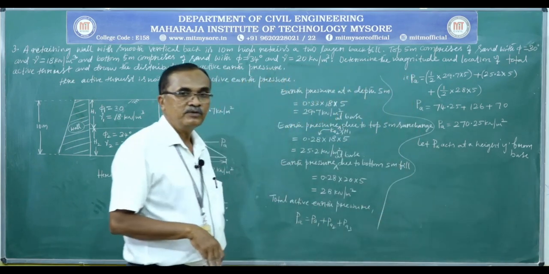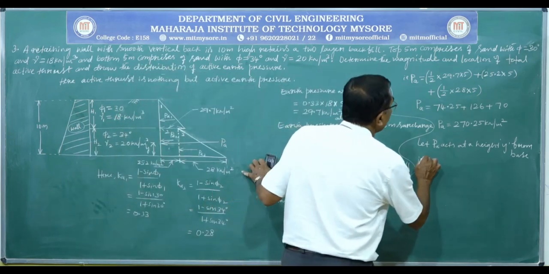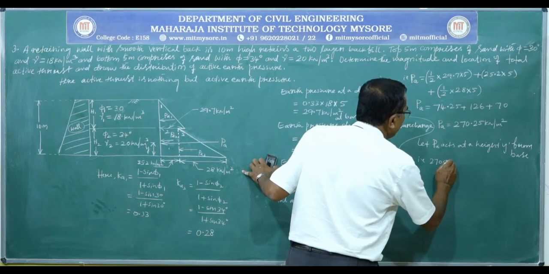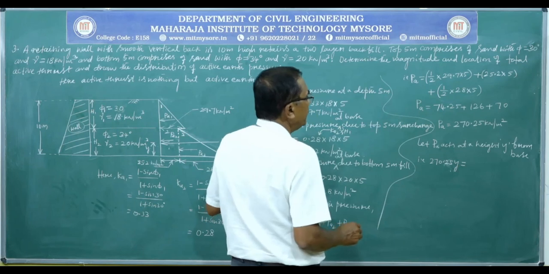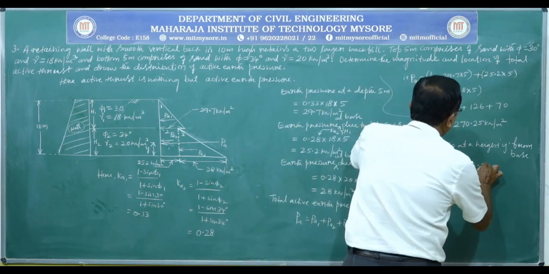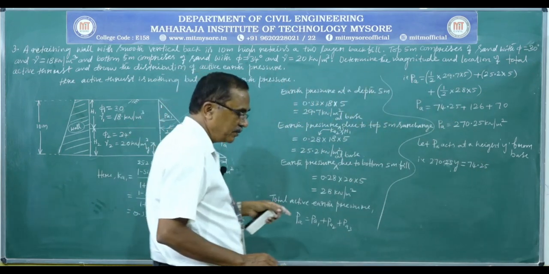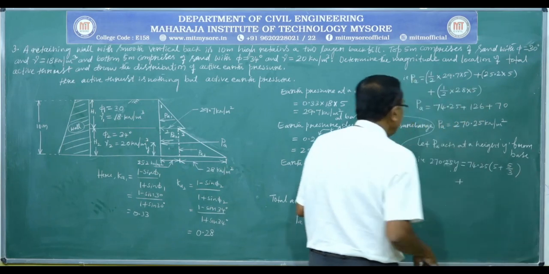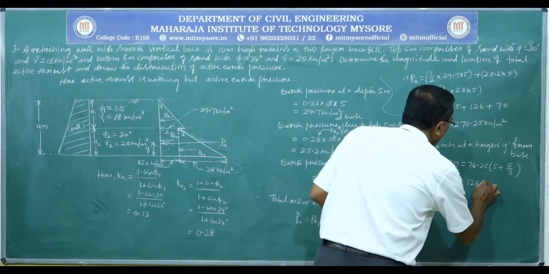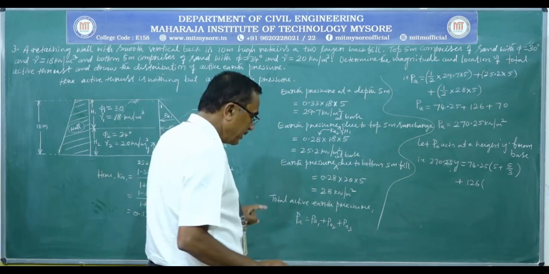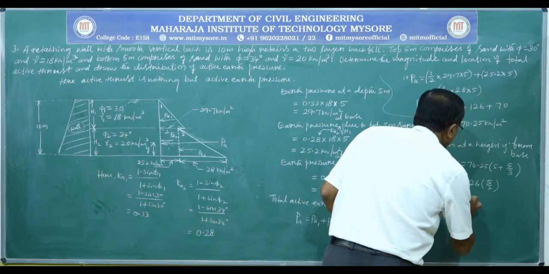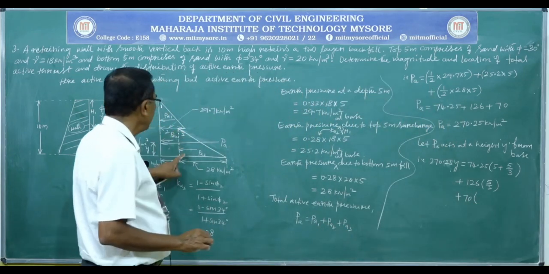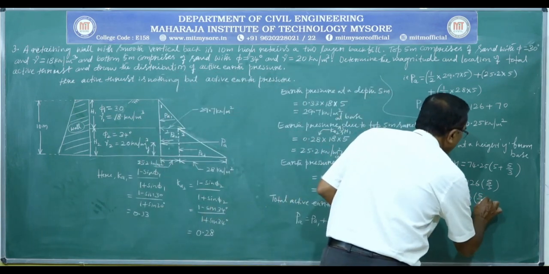So, the same Varignon's theorem concept we are using here to calculate y, that is 270.25 into y is equal to Pa1, 74.25, multiplied by 5 plus 1 by 3 times of 5, that is 5 plus 5 by 3, plus Pa2, 126, into the perpendicular distance, 5 by 2, plus Pa3, 70, into 1 by 3 times of the height for the triangle, it is 5 by 3.